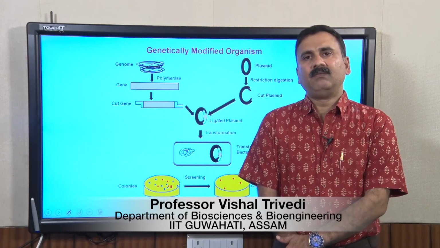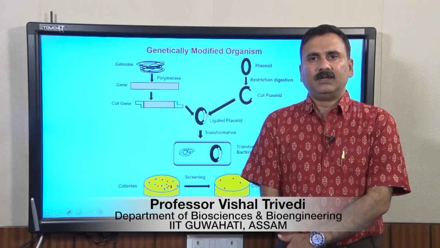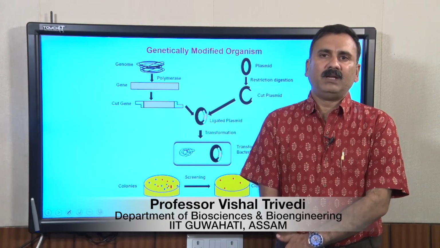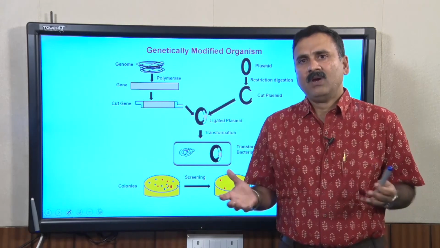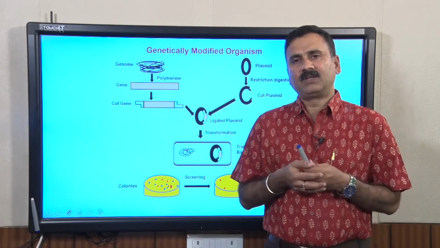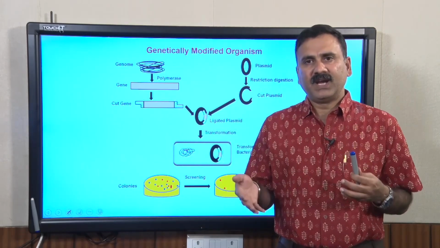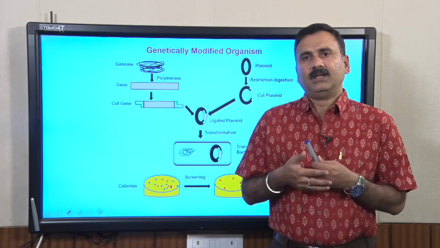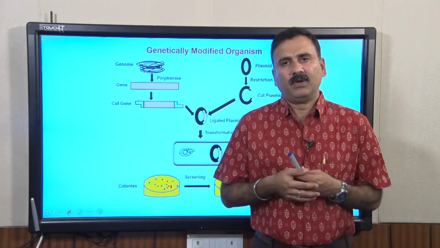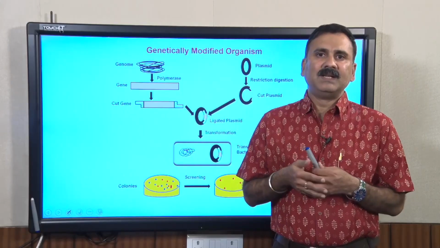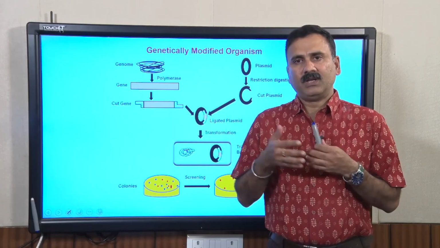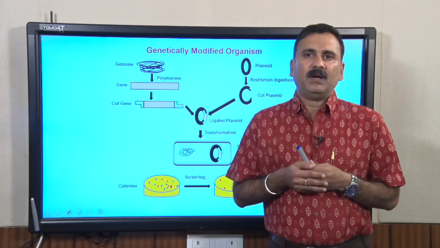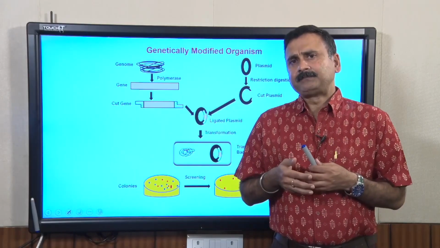And we were discussing the generation of genetically modified organisms. In this scheme, what we have discussed so far are the different host strains, their physiology, the biochemical reactions they catalyze, and the relevance of these biochemical reactions for the organism as well as for industrial significance.